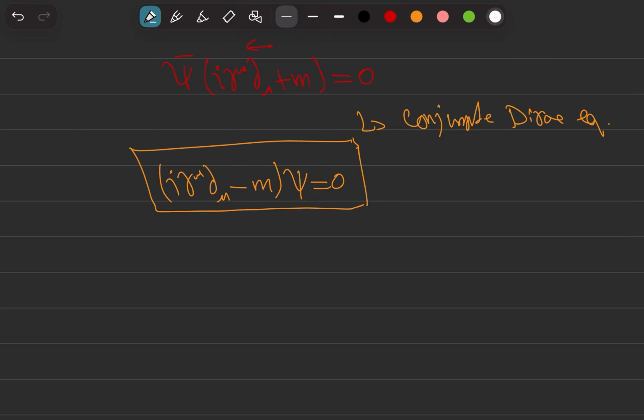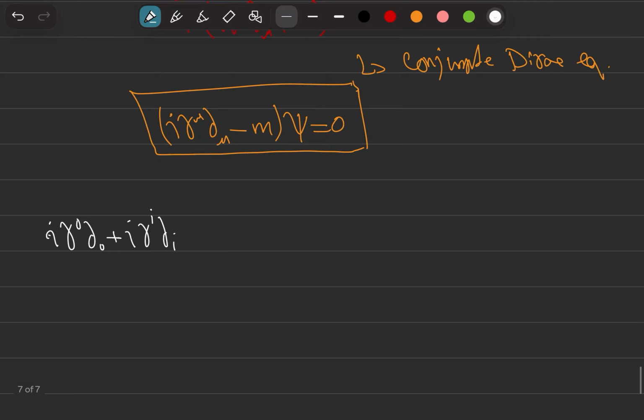So if we expand it, we get iγ^0 ∂_0 minus iγ^i ∂_i.